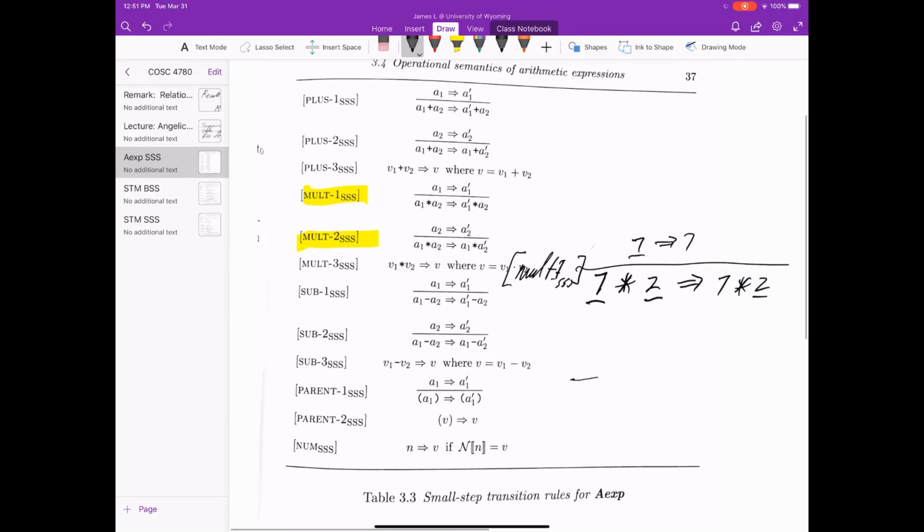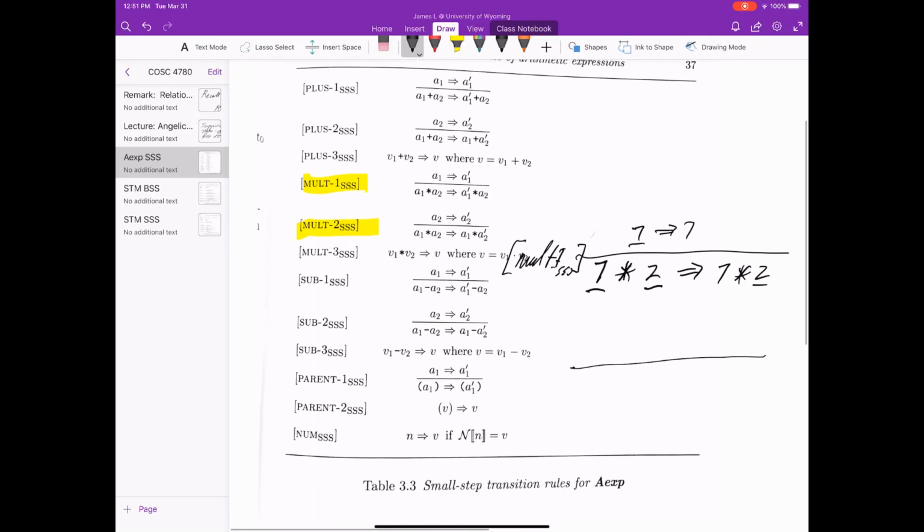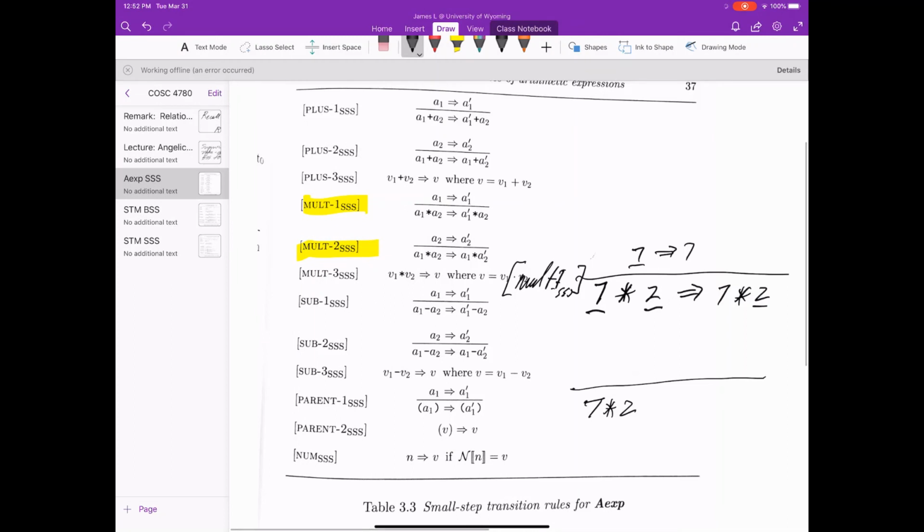And then I can say 7 times 2 evaluates to 7 times 2 because 2 evaluates to 2. So this was the mult2 rule.